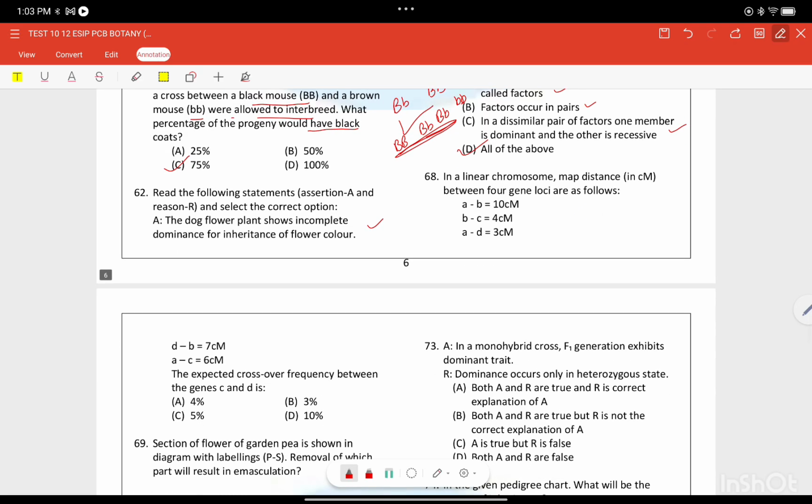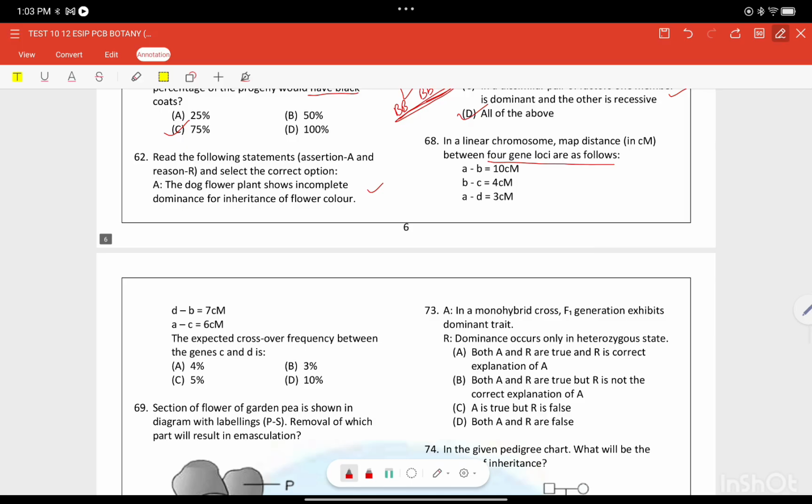In a linear chromosome map unit in centimorgan between 4 gene loci are given below. So basically for A and B, it is given 10 centimorgan, correct.